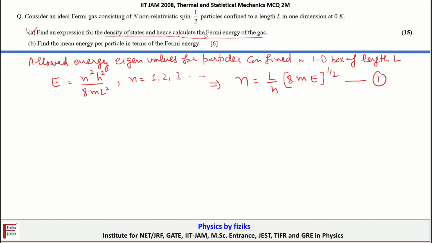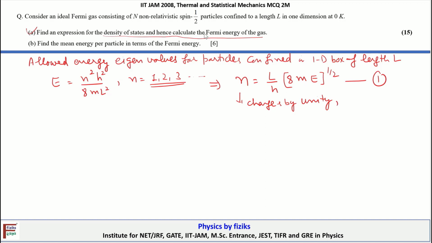If we just pay attention to the n, because here n is changing by 1 unit, that means this number n gives us the possible number of microstates, or you can say the energy states, because it changes by unity.